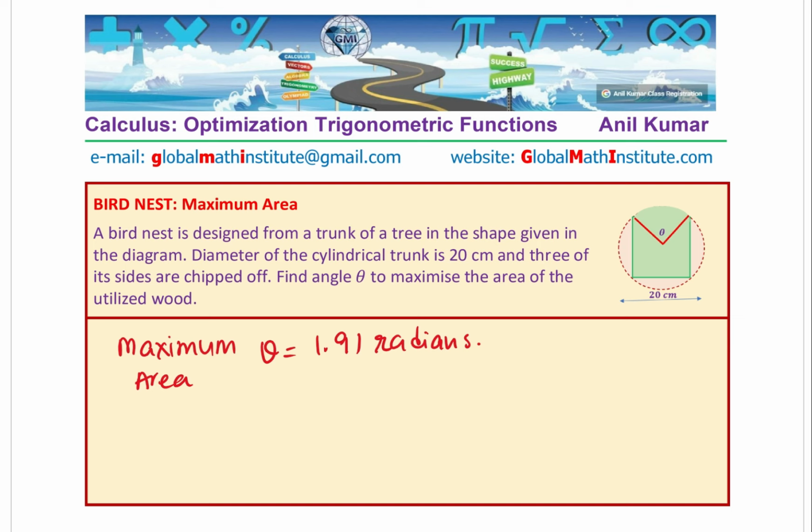Correct? You would also find this angle in degrees, correct? Or you can convert it now. So 1.91 times 180 divided by pi, right? Gives you 109.4 degrees.